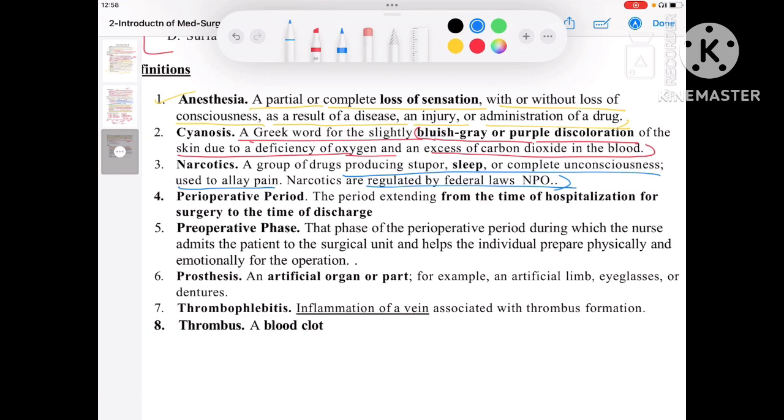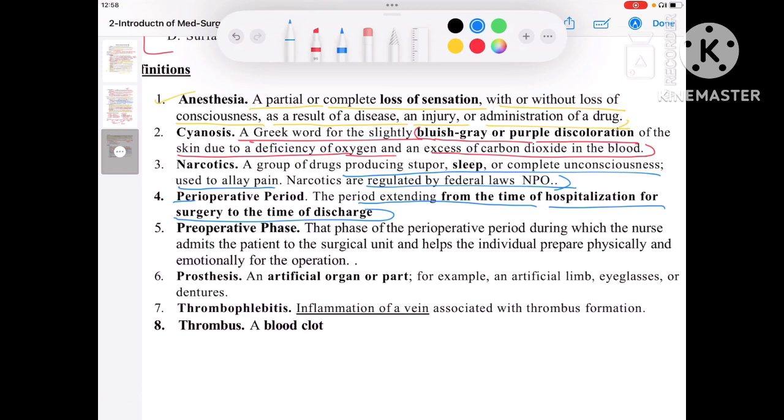What is the perioperative period? The period extending from the time of hospitalization for the surgery to the time of discharge. When the patient enters the hospital until discharge, we call it the perioperative period.